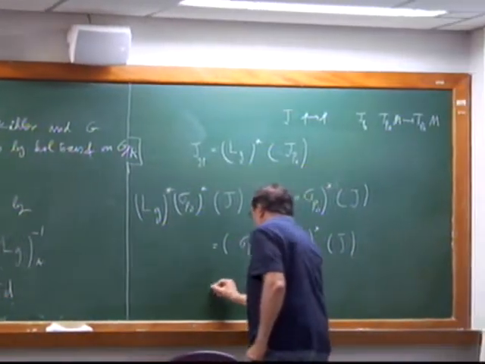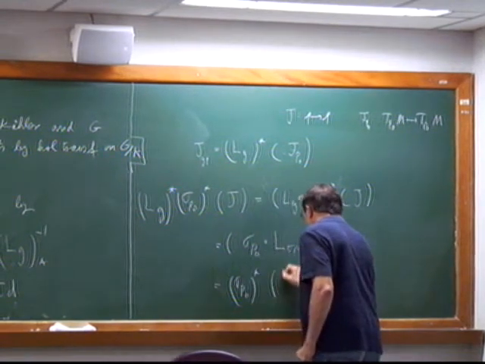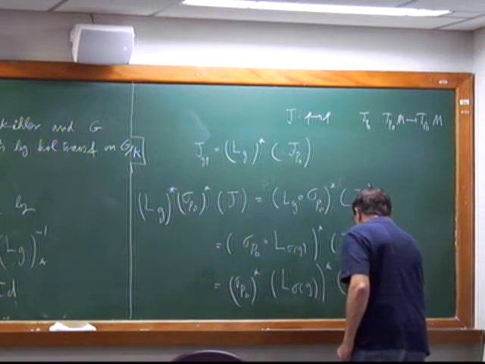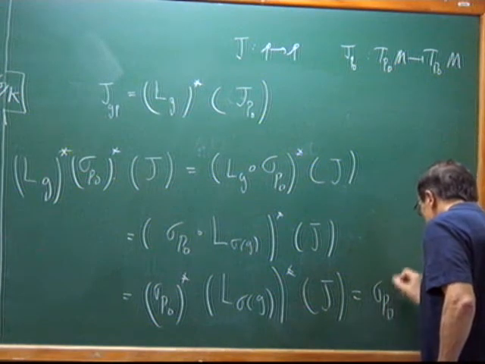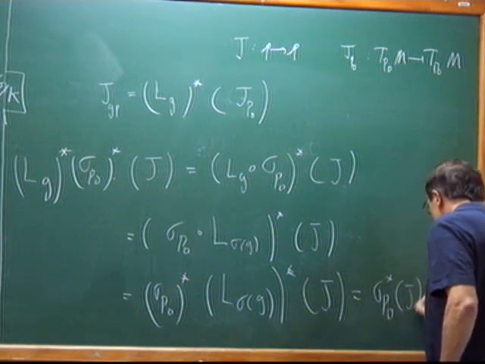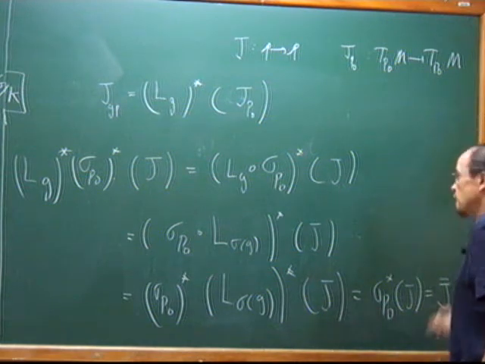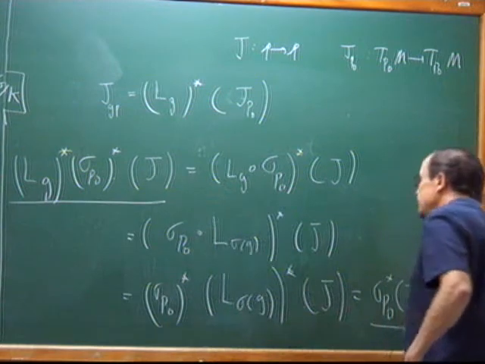And of course, this is now sigma P naught star of L sigma G star J, but J was left invariant, so that's sigma P naught star J. This is what I call J bar over there. So indeed, L G star of J bar is equal to J bar. It's left invariant.